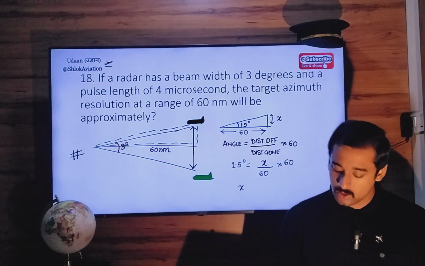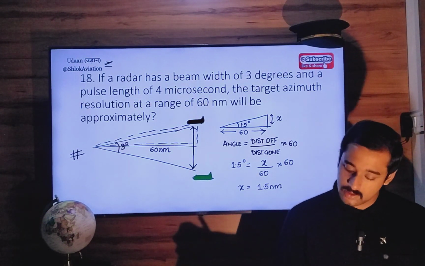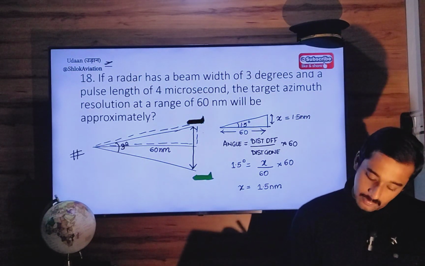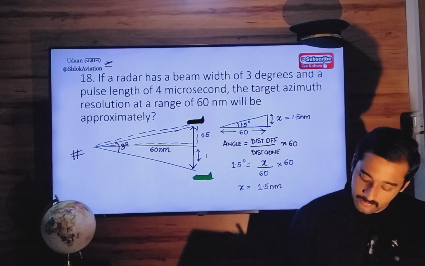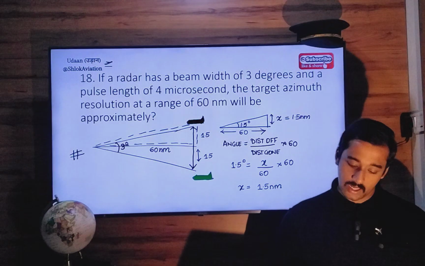So x will be equal to 1.5 nautical miles. So if this is 1.5, this will also be equal to 1.5. So the total becomes 3 nautical miles. So that will be your answer.